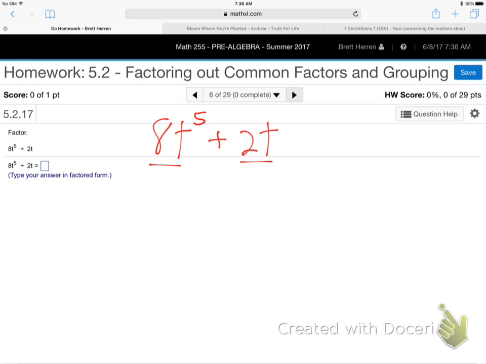So do the big old parenthesis thing, plus sign in the middle, something here and something here and here. So what number goes into 2 and 8?